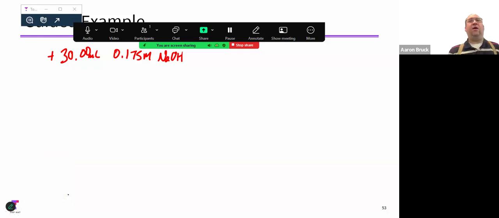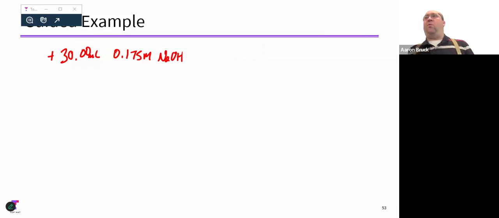Okay, so for every other problem aside from the initial condition, we're going to have to do stoichiometry first to figure out where in the titration curve we are. Obviously, we're not in zone 1 because zone 1 is before the titration even begins. But where are we in terms of the rest of it?